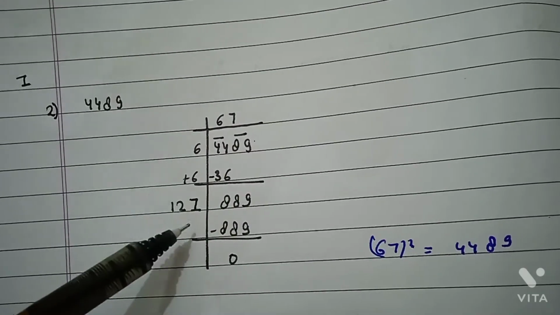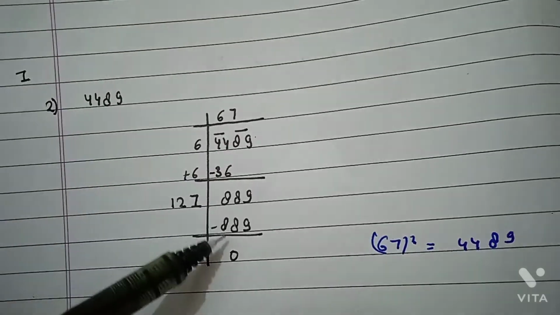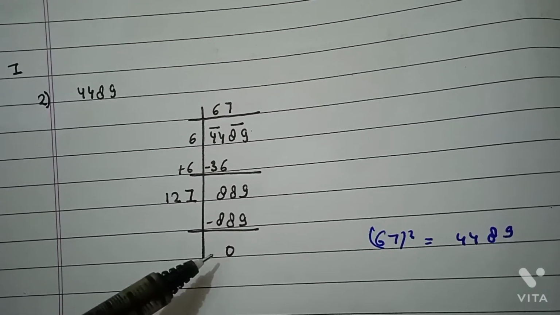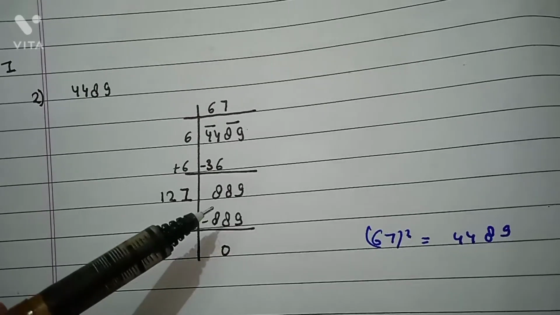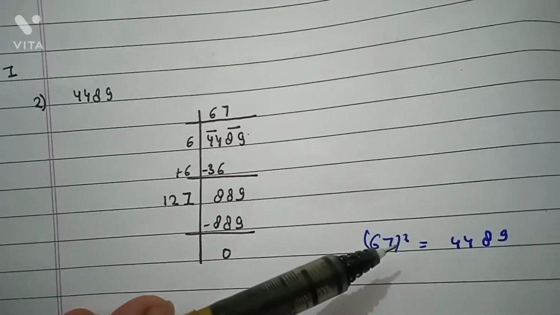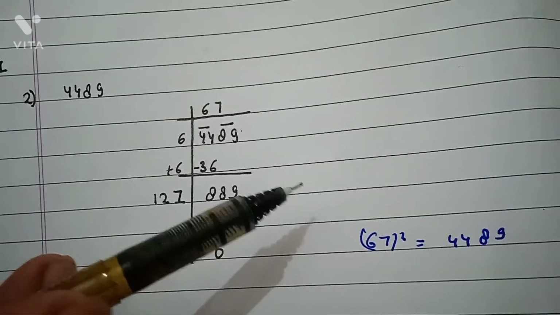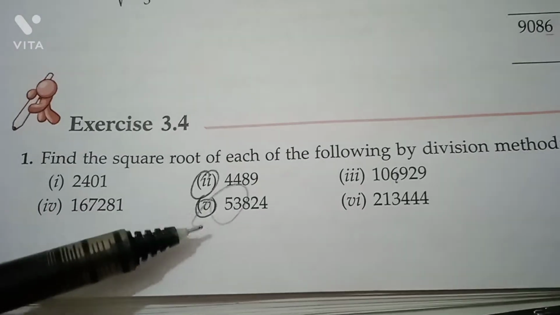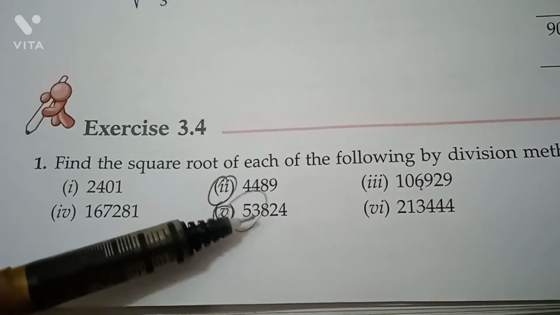So 127 multiplied by 7 equals to 889. So the answer is 0, means square of 67 is 4489. So let's move. So here we have taken example 5.